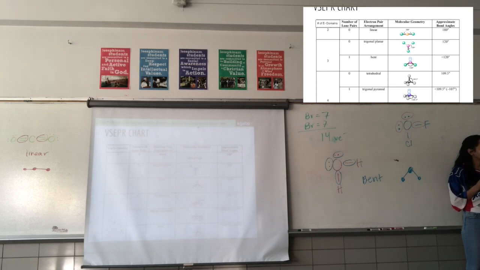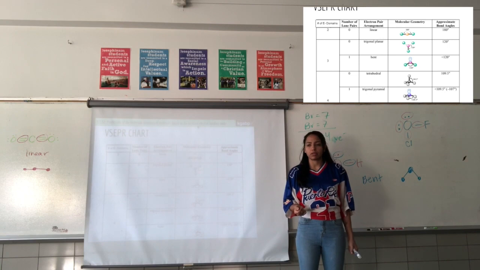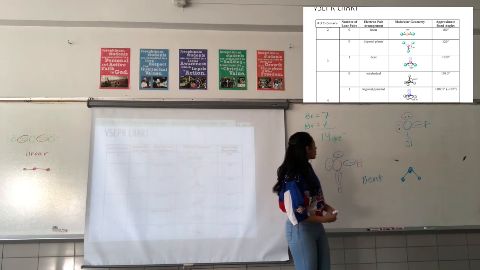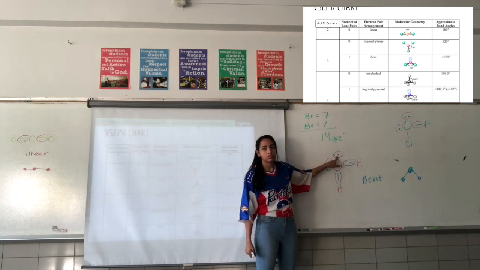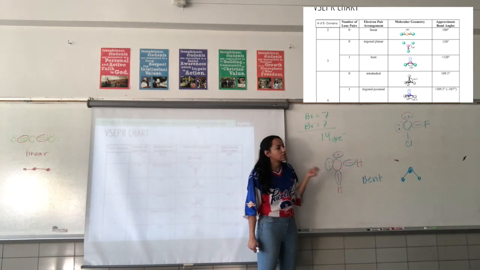Yes? What do you mean by lone pairs? Good question. Andrea, what is a lone pair? It's when 2 valence electrons, like those 2 that are on the top of the hole, don't have a bond. Yeah, they're not bonded to anything. They're just hanging out together like a couple, like best friends in the hallway.